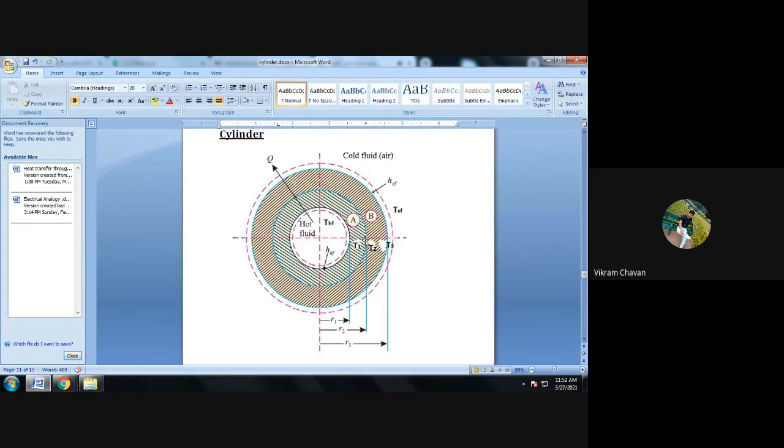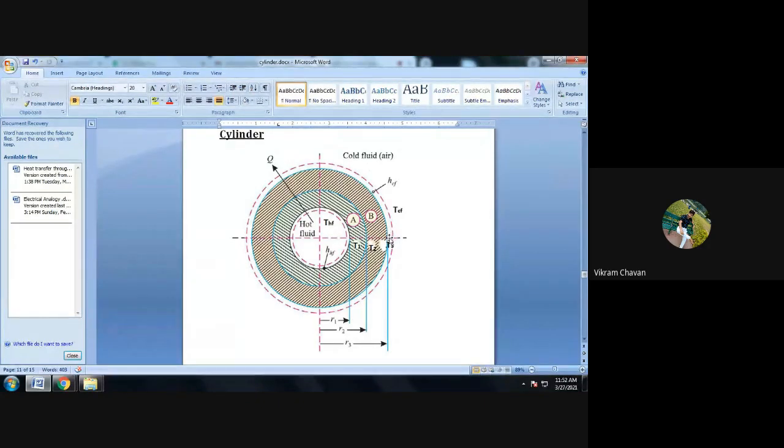Now heat has reached the external surface of A cylinder. Now the heat will transfer through B cylinder. Once again, it will be conduction heat transfer, because it is transferring within the thickness of the cylinder.